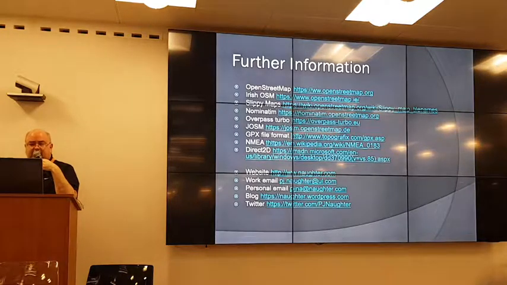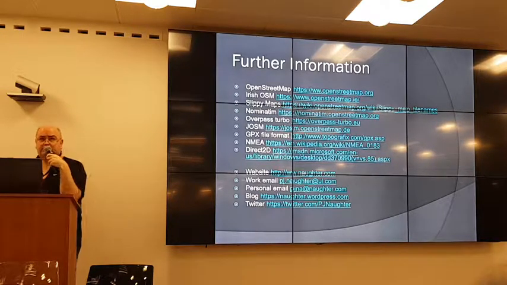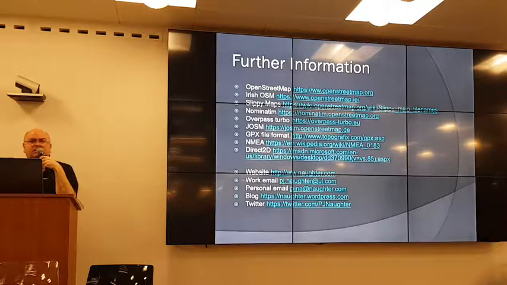GPX is the XML file format for GPS logs. NMEA is the standard for GPS. It's a virtual serial port. In the Unix world, you'd probably use something like GPSBabel or gpsd. And then there's a link to Direct2D, and then my own personal links.